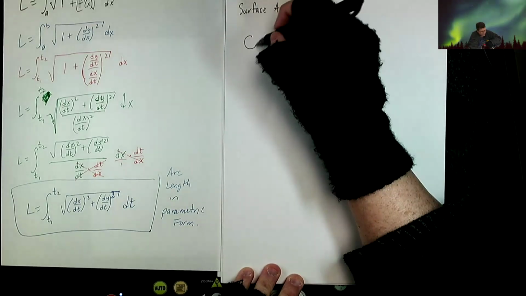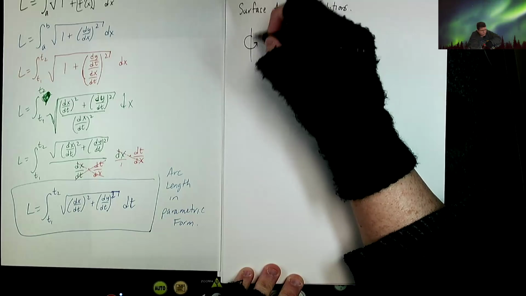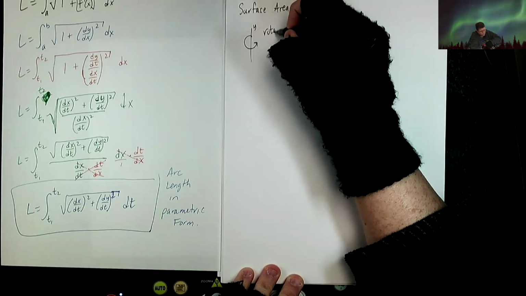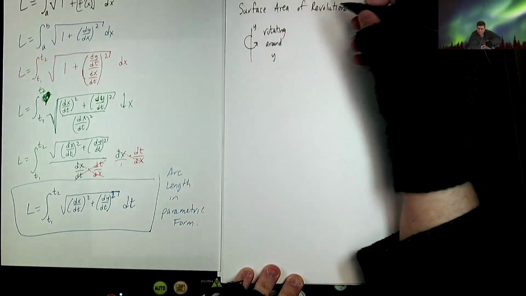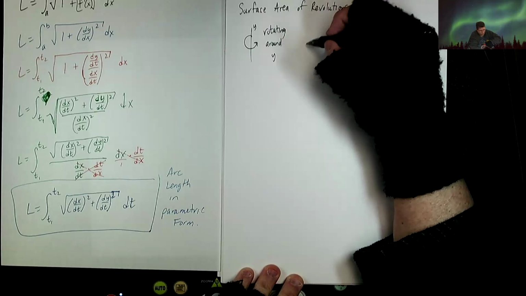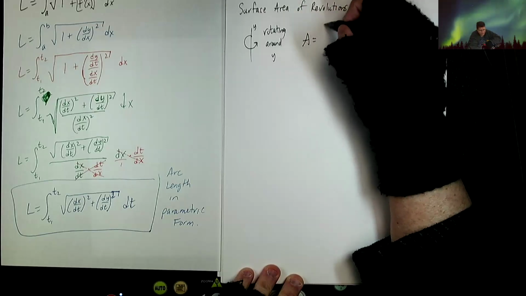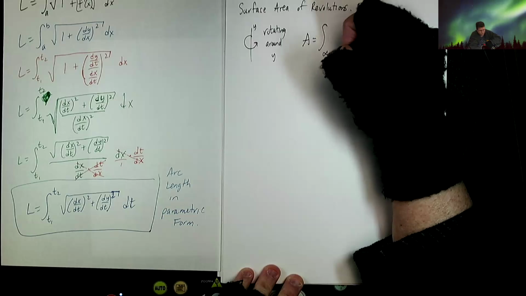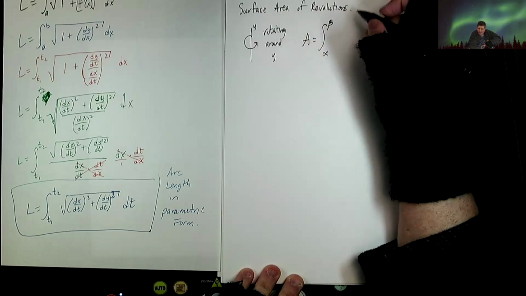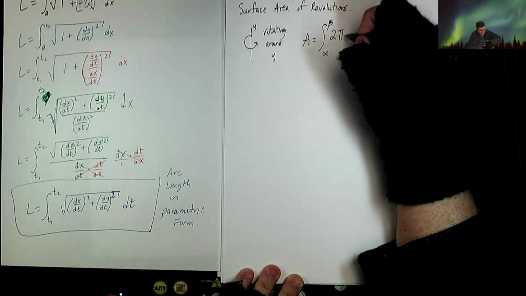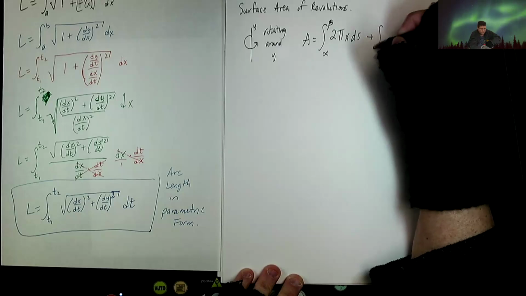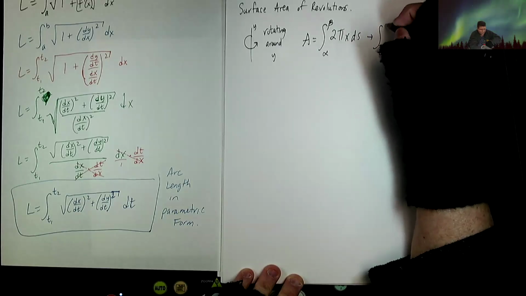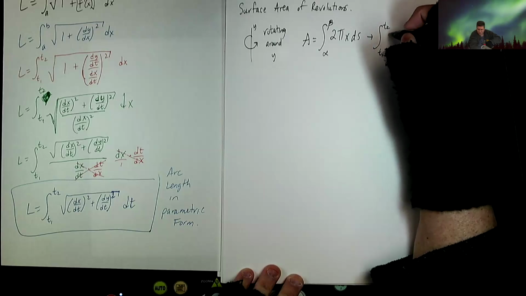When we're rotating around y, our old form, I'll use alpha and beta this time, was 2 pi x ds. And this is turning into the integral from t1 to t2 of 2 pi x of t ds.